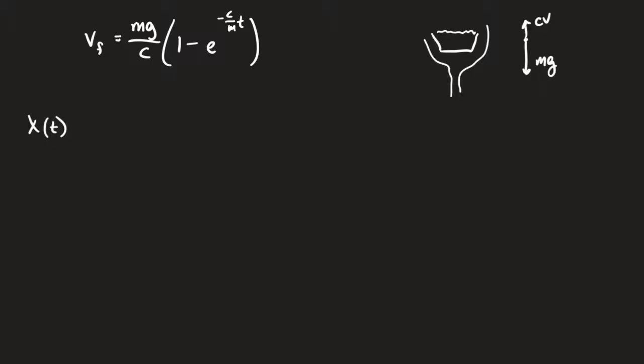Here. To figure out x, I have to replace v with dx/dt. Now, what I'm really supposed to be doing here is taking the integral.